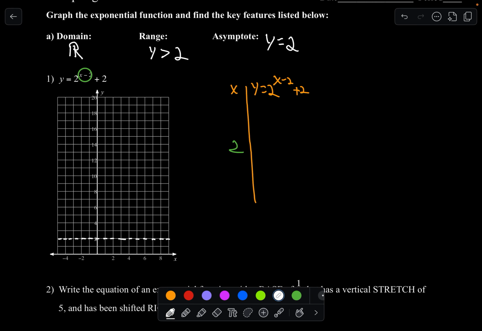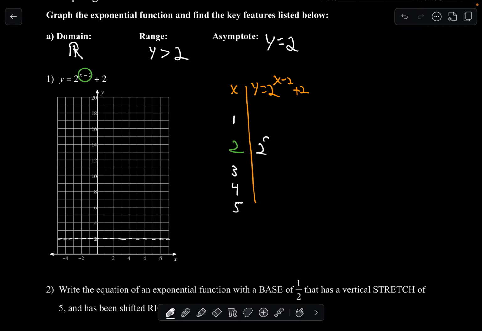Then I'm going to choose 3, 4, 5. You can even go up to 6, 7, if you wish, but that's probably overkill. And then I'm just going to do one less, because I know the behavior of this graph. So let's calculate this.